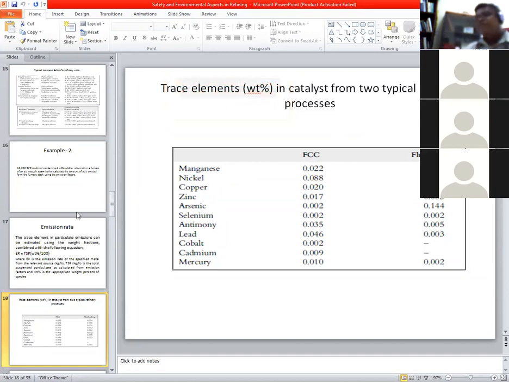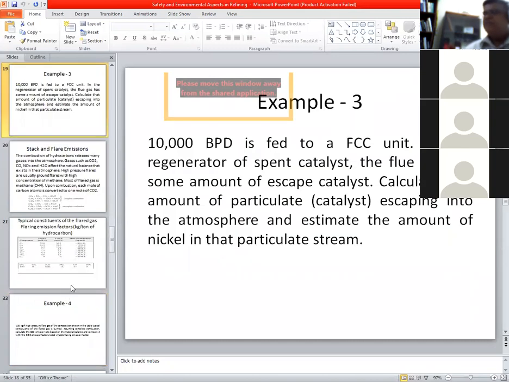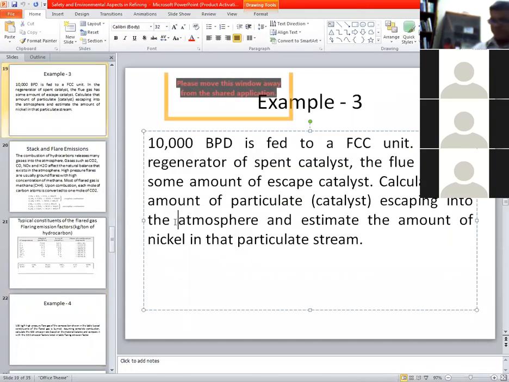This table you have to refer to do the next calculation. Here, see here, 10,000 BPD. Okay, you can read this. So we have to find out the amount of particulate to the atmosphere, and we have to calculate the amount of nickel.